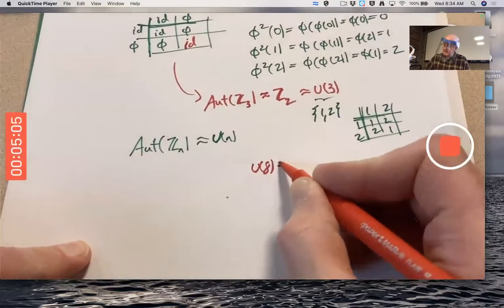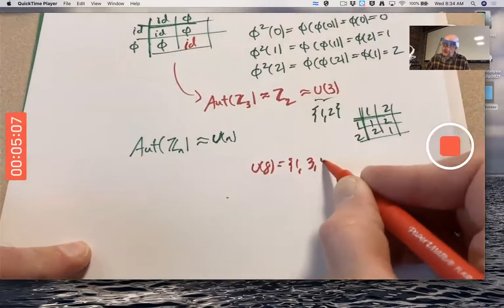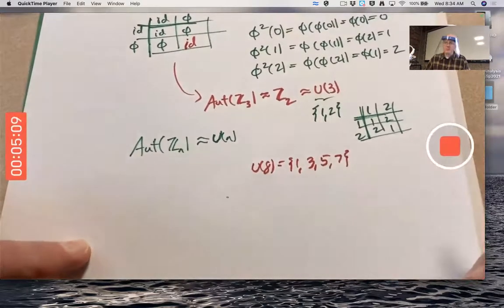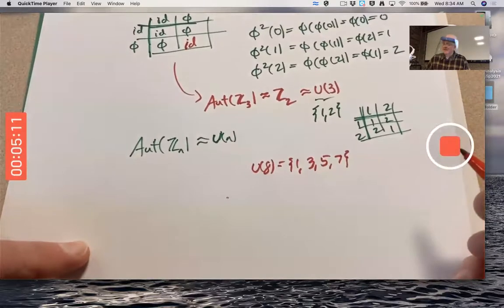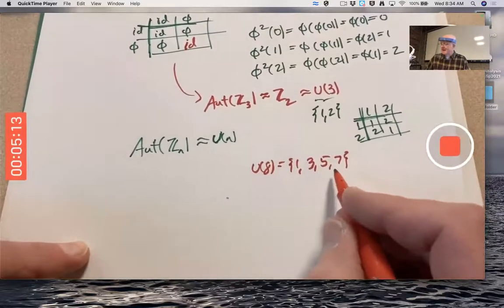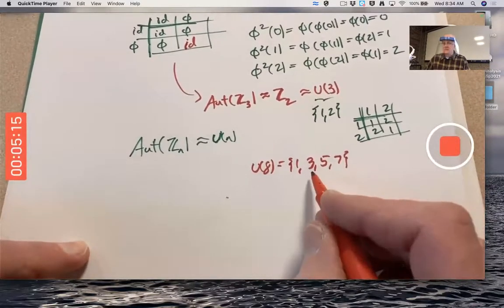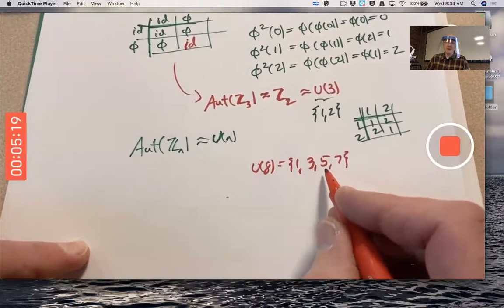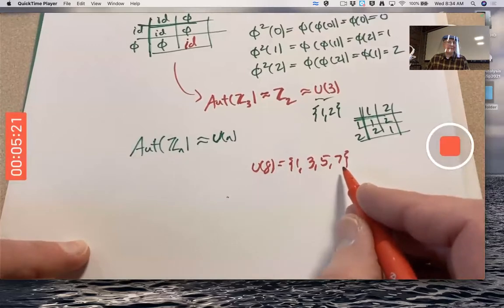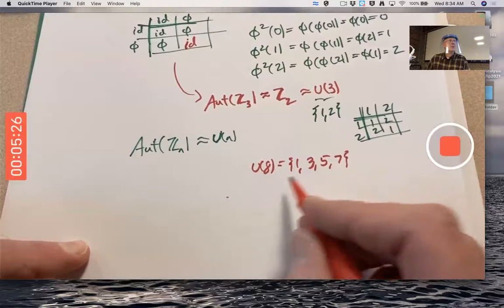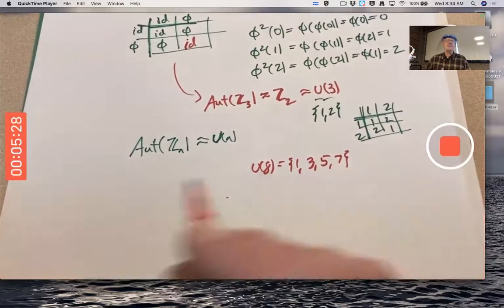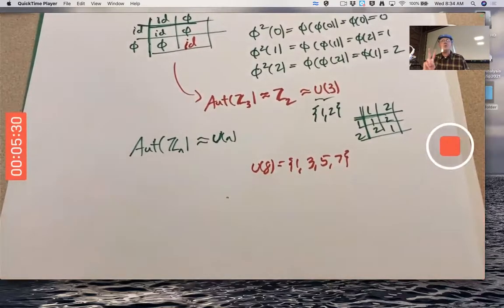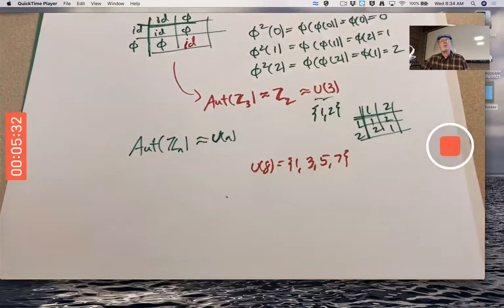U8 had elements 1, 3, 5, and 7 under multiplication mod 8. All the non-identity elements have order 2. 3 squared is 9, mod 8 is 1. 5 squared is 25, mod 8 is 1. 7 squared is 49, mod 8 is 1. It's a non-cyclic group of order 4. In fact, you can prove up to isomorphism, there are 2 groups of order 4. The cyclic one and the non-cyclic one.